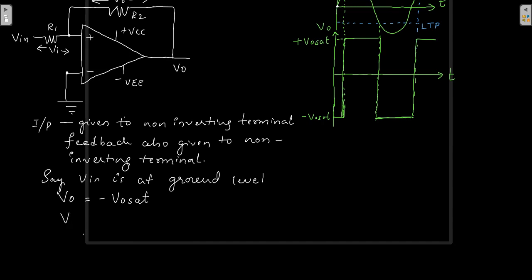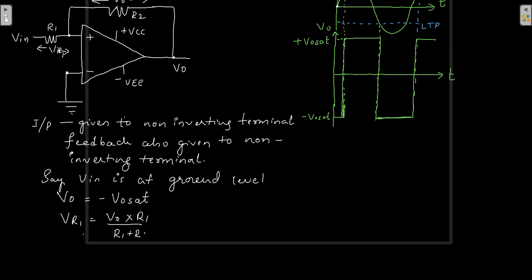So VR1, I will write the voltage across R1, which I have also written as VI here. That is insignificant. You can write it as VR1 only. This VR1 is the output voltage times the resistance of the same branch divided by the total resistance.